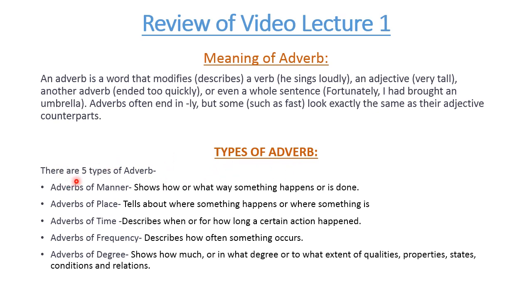In the last class I also told you that there are 5 types of adverb: adverbs of manner, adverbs of place, adverbs of time, adverbs of frequency, adverbs of degree. Clear? So quickly read this. Adverbs of manner show how or in what way something happens or is done. Adverbs of place tell us where something happens or where something is.